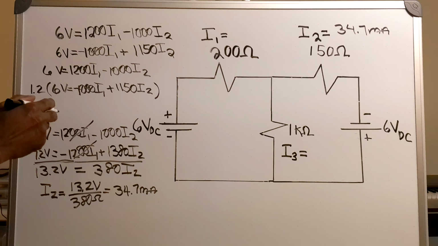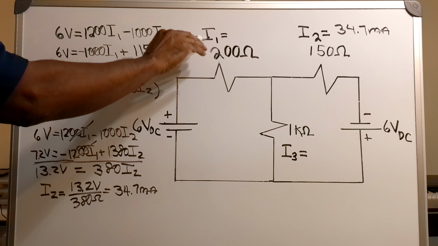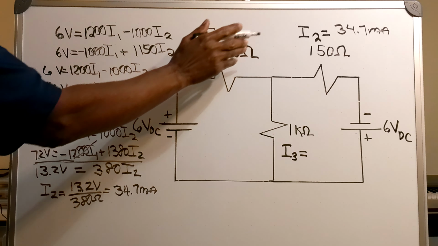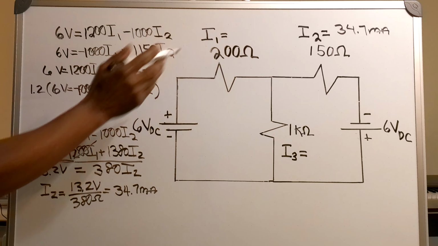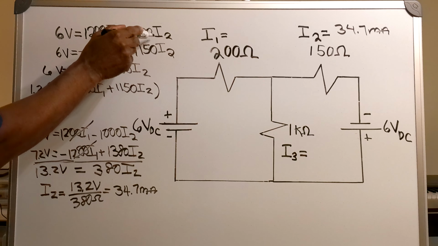Okay, now I'm gonna find my I1 current. So what I'm gonna do is take my 34.7 milliamps and plug it in right here for I2.